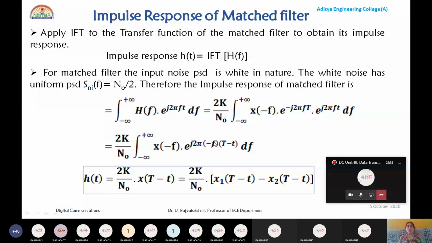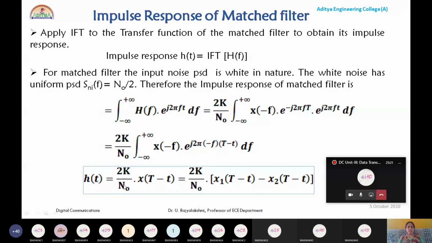We represented it as minus f, e power minus f into capital T minus small t df. What we did here was represent the negative real axis. If you take minus f as common, you will get capital T minus small t, where capital T is the bit duration.